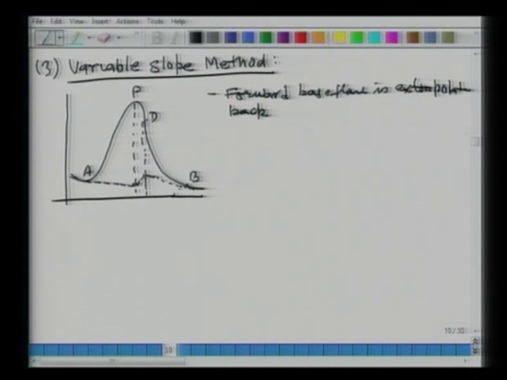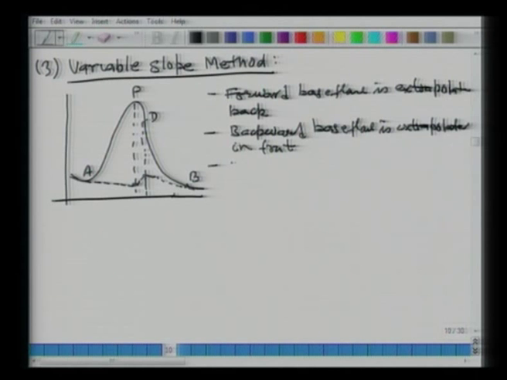Means from B going back and finding the intersection with the vertical from D, and the backward or the previous base flow is extrapolated in front.